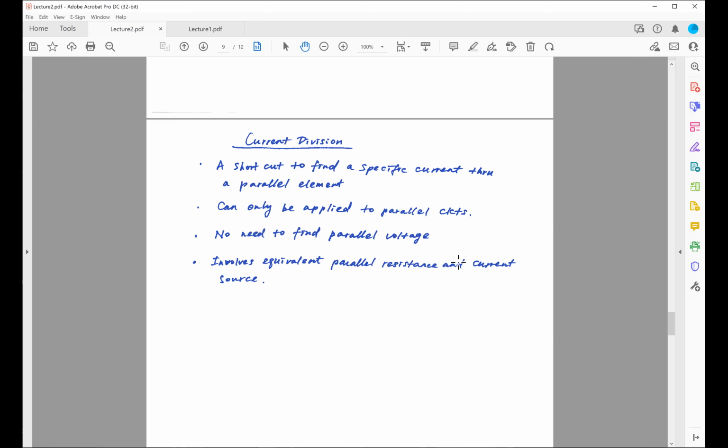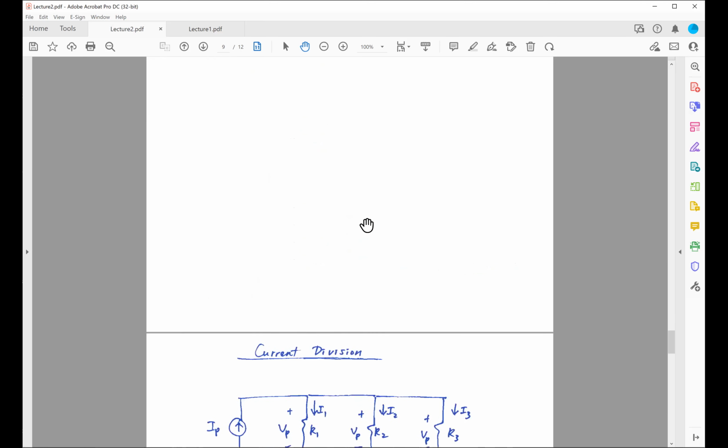And just like in voltage division, where there's no need for you to know your series current, by the same token, this is basically the duality of voltage division. There's no need for you to find the parallel voltage. All you have to do is use the current and the parallel resistance to find the specific current through a specific element. And this is the technique that I'm going to show you next.